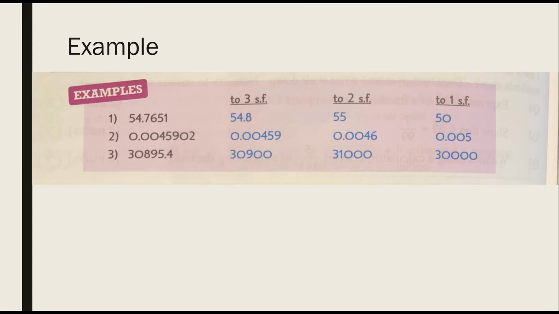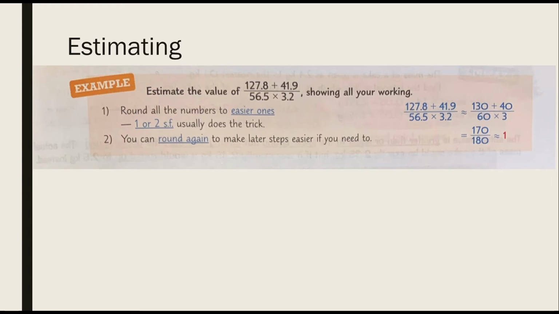So let's move on. Using the things that we've learnt so far, we're going to be looking at estimating calculations. Estimating is something that most people can do immediately, so we'll move on straight to an example, so I can show it to you easier. Let's say you had to estimate the value of 127.8 plus 41.9 all over 56.5 times 3.2.